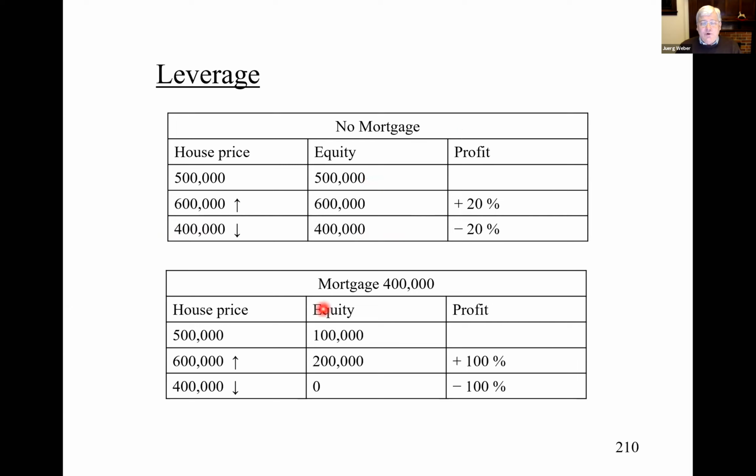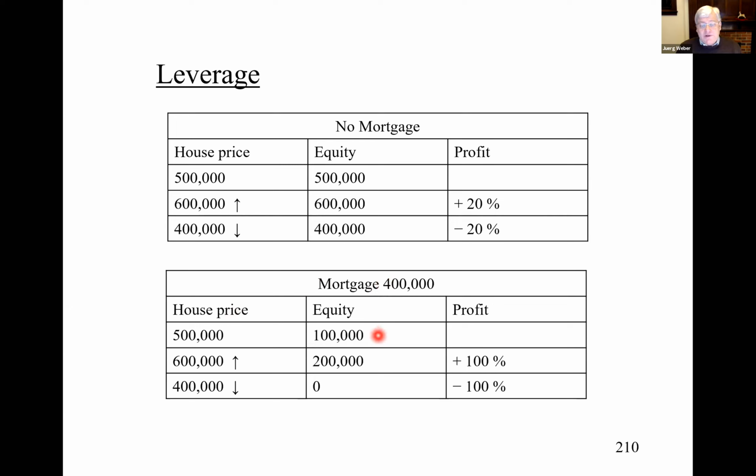But let's now do it with a mortgage. So again, the house price is $500,000, and so let's assume the house buyer goes to the bank and gets a mortgage of $400,000. So the house buyer only provides $100,000 of his or her own money, and the rest is coming from the bank.